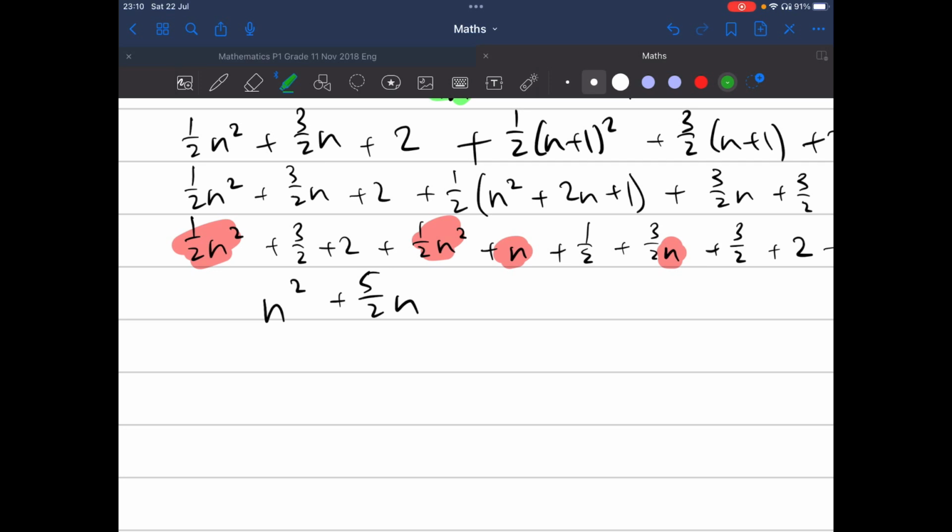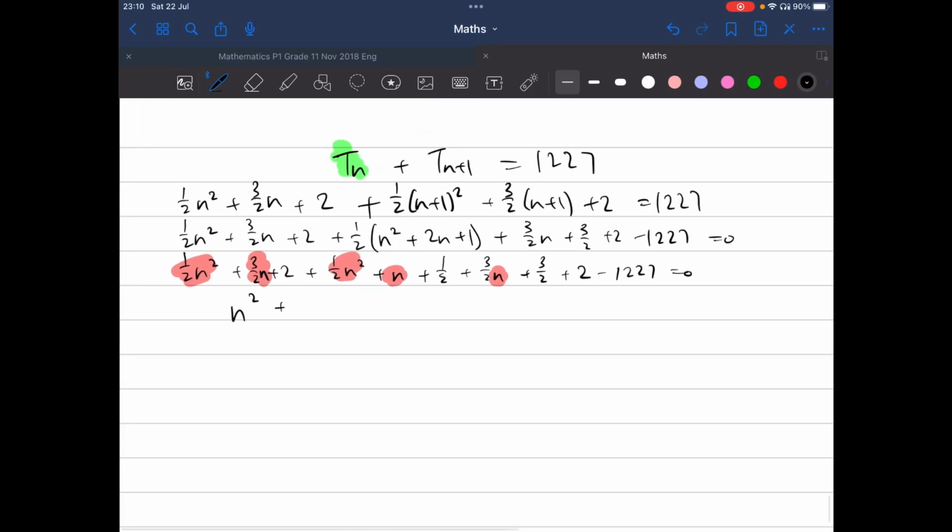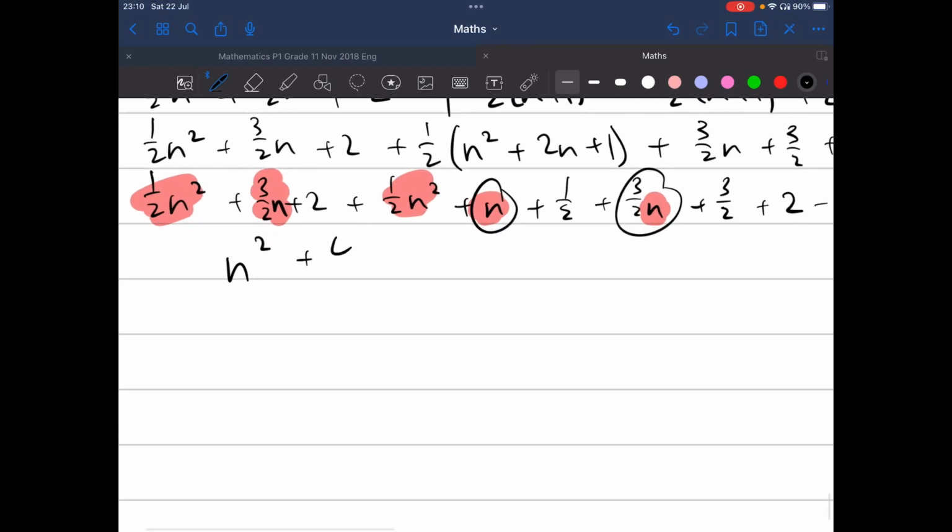Oof, lucky I got this, I'm just looking now, this is supposed to be 3 over 2n. Okay, so this is also n. So that should actually be 3 over 2 plus n, so plus 1, plus 3 over 2. Okay, so this is 4n.